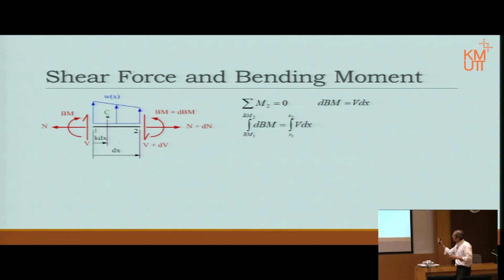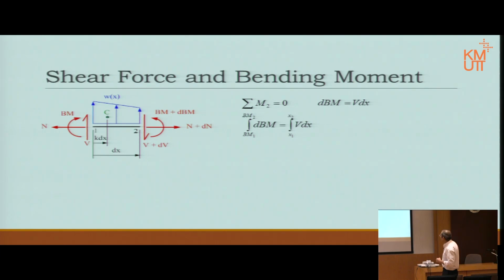Of course, if we integrate dM, then it's from the value of M at point 1 to the value of M at point 2. So the integration is limited from M1 to M2. On the right hand side, it is from the value of x1 to the value of x2 because it's differentiated with dx.